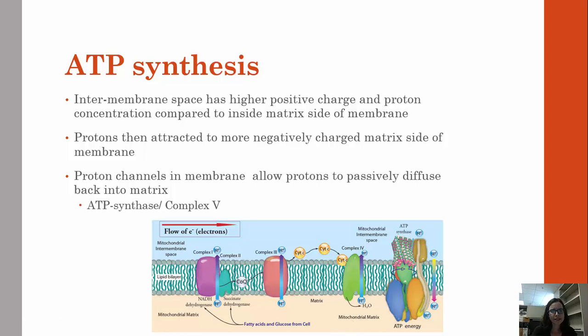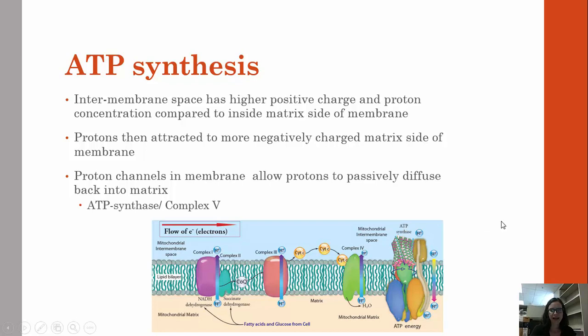So it really wants to diffuse back into the matrix, but can't because it's impermeable. Now, the way we get around this is that the protons go through complex 5, which is ATP synthase.